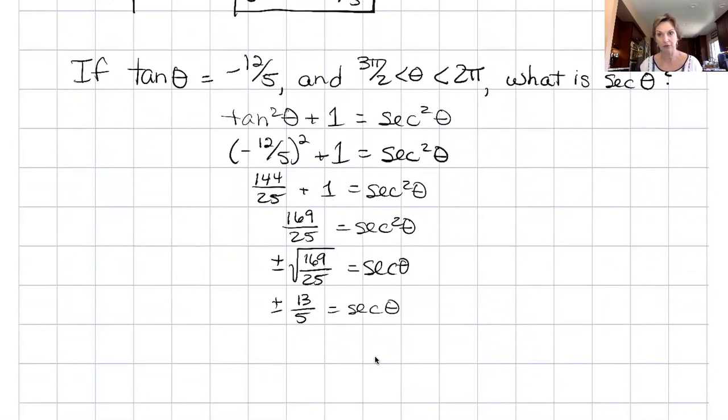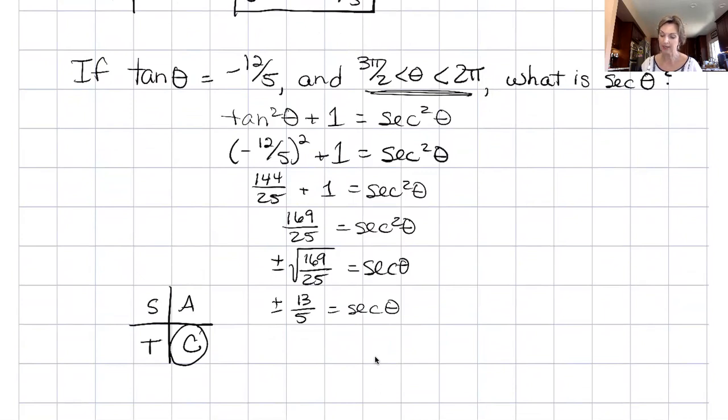Okay, so now again, you have two answers, right? You've got positive 13/5, but you also have negative 13/5, so you have to figure out which one it is. So we go back to that rule, all students take calculus, and this time we're working in quadrant 4. It told us right here which quadrant we were in.